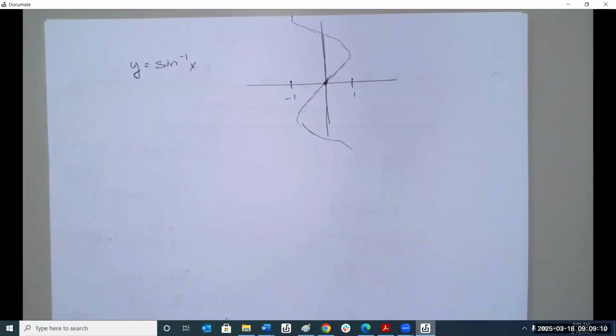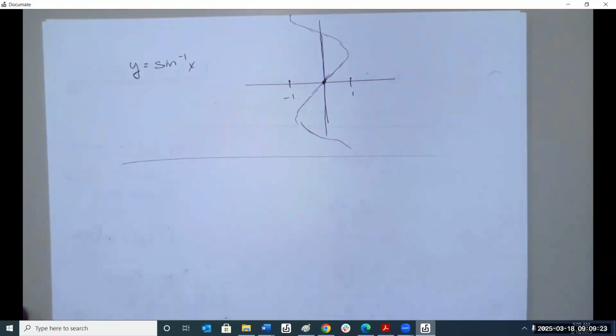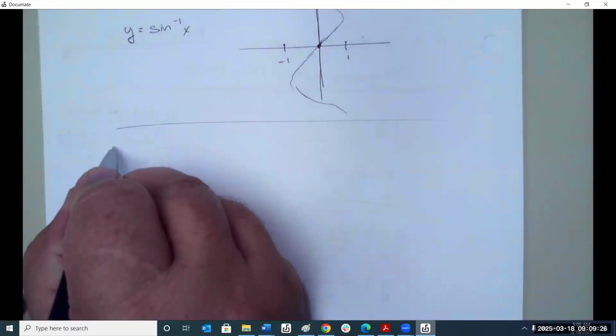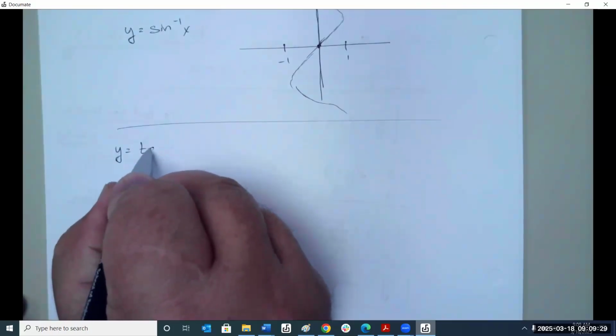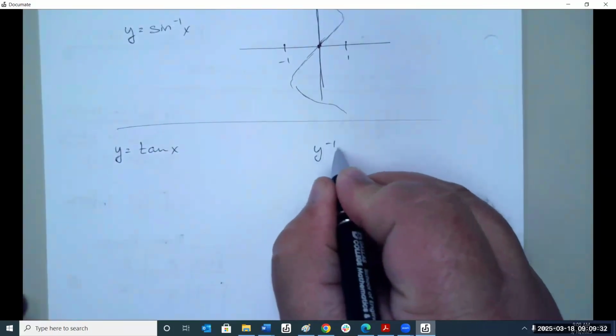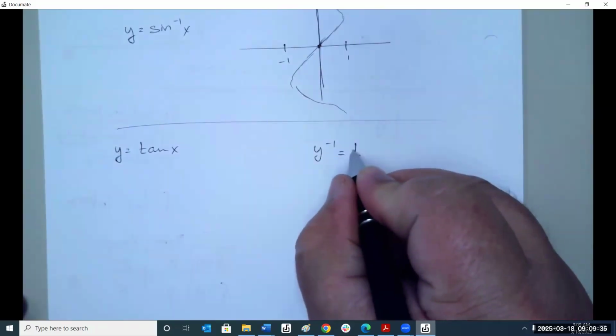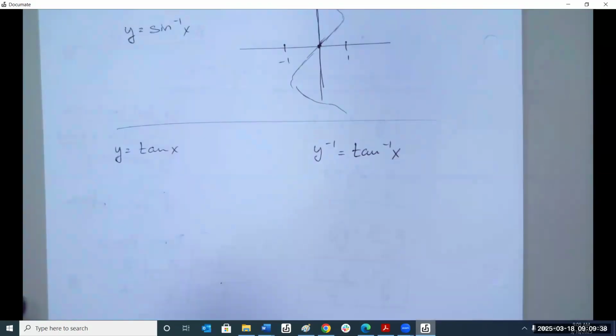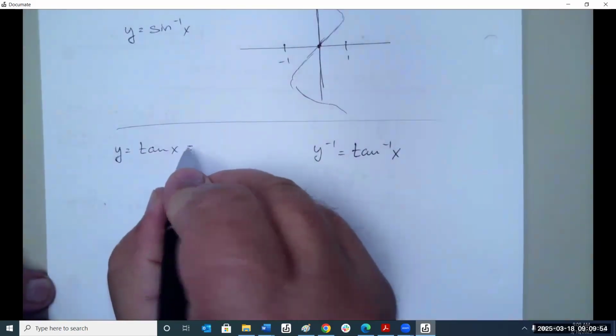And the inverse cosine is going to be similar. It's just shifted 90 degrees. Remember what the tangent looks like? What is it made up of?